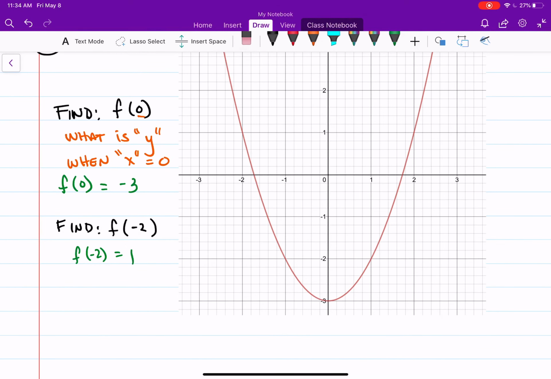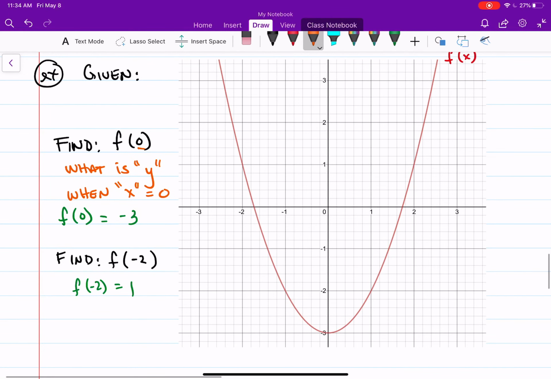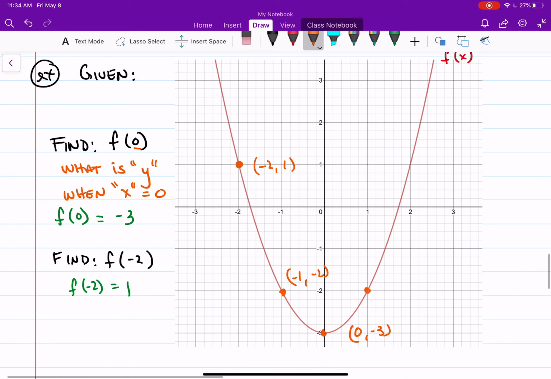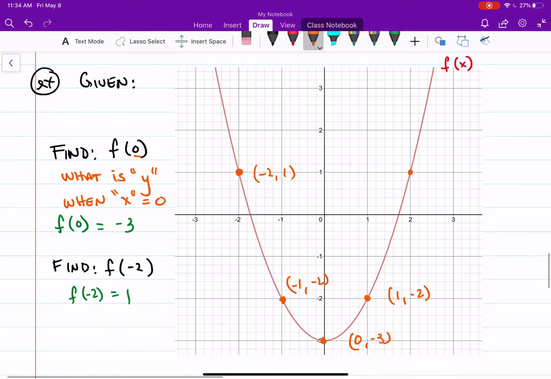Or you could just do this, going, okay, I got my graph. I can read this point. That is -2, 1. This is -1, -2. This is 0, comma, -3. This is 1, comma, -2. And this is 2, comma, 1, right?